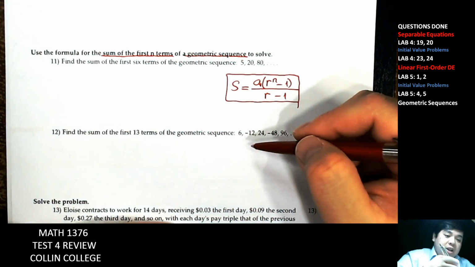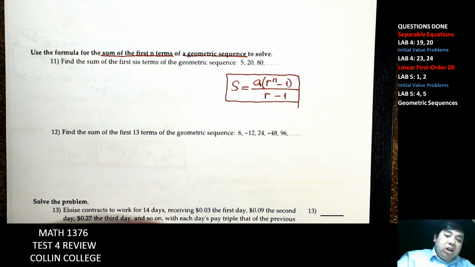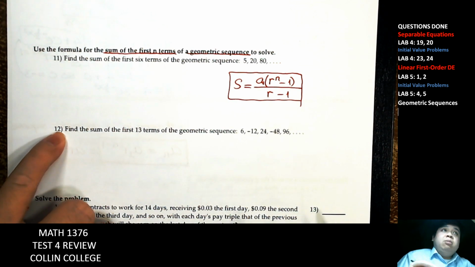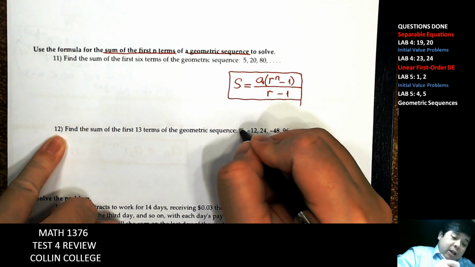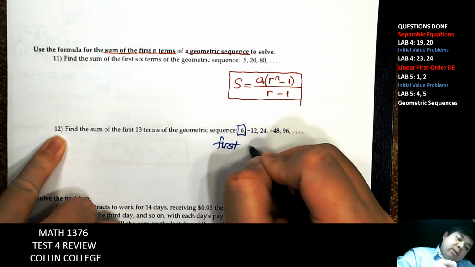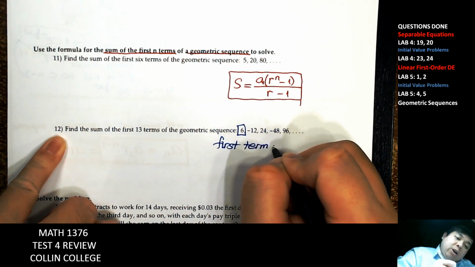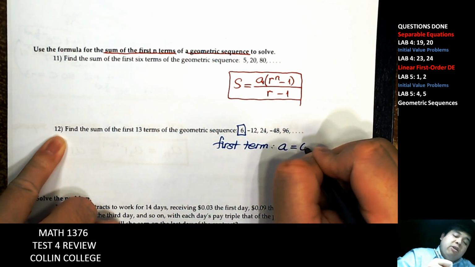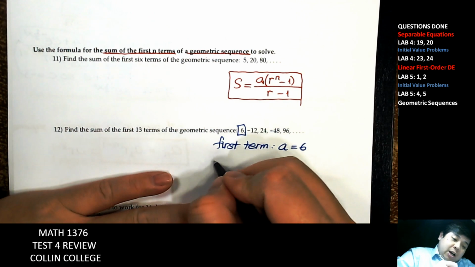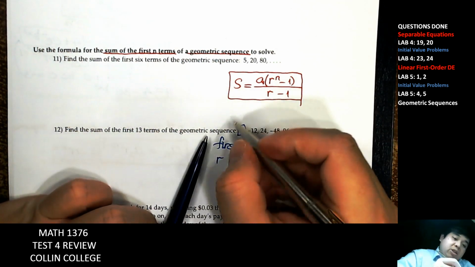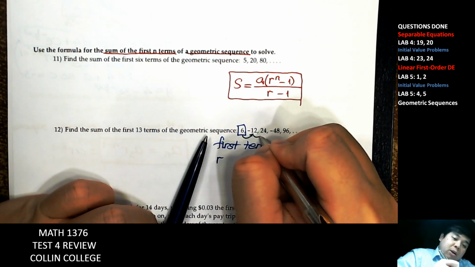Like any of these problems, we just need to determine what the first term is and what the common ratio is. I'm looking at number 12 now. The first term is 6. You can write a1 or a, it is fine. The common ratio, in order to get to the next term from the previous term, we need to multiply by 2.